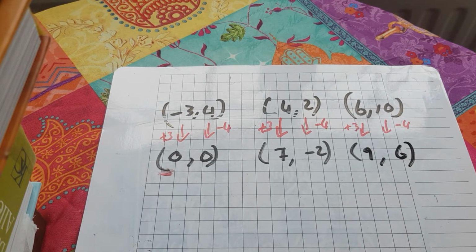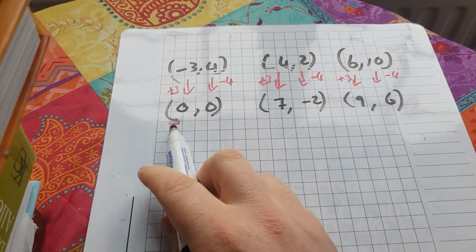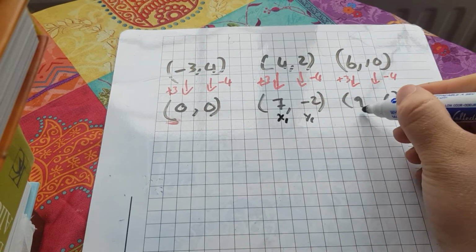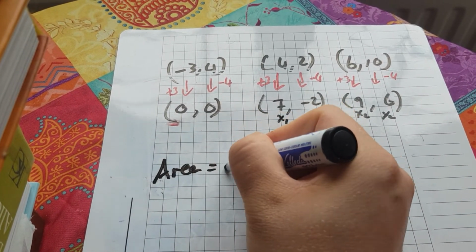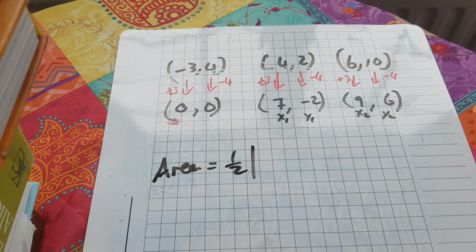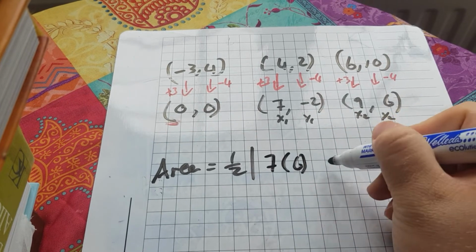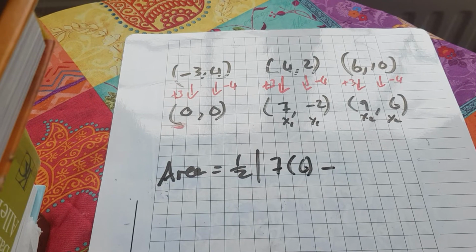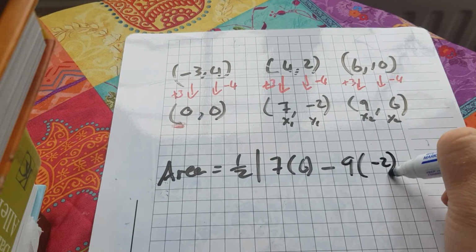Okay, so now I have a vertex at the origin. So I can label this one x1, y1 and this one x2, y2, and away I go. So a half times x1 times y2, so 7 times 6, minus x2 by y1, so take away 9 by minus 2.